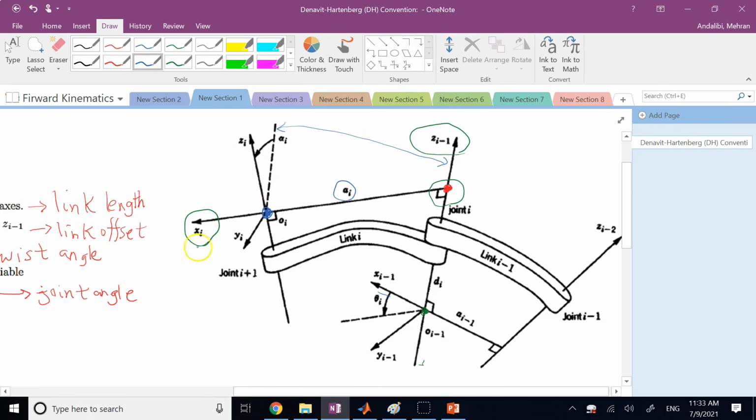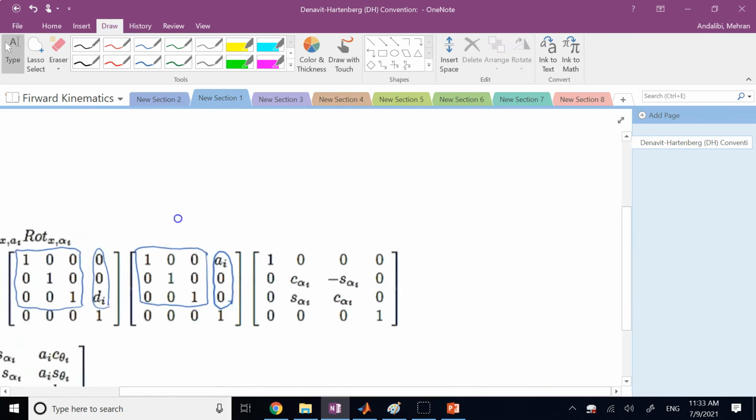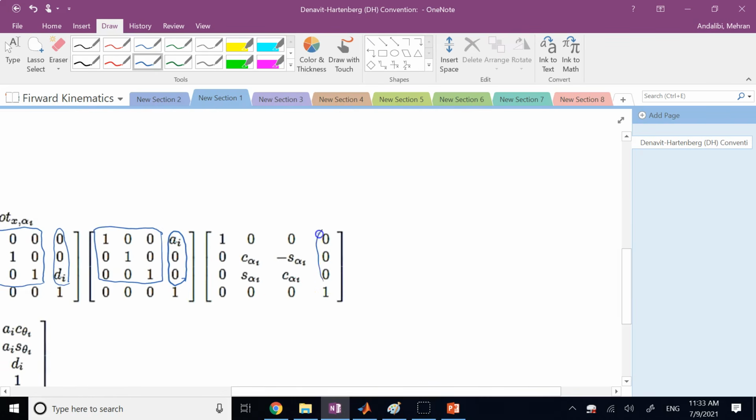And for that, I rotate about the new x-axis with this angle alpha, which we call the twist angle. That will force the z's to be aligned too, and then since the x's are aligned and the z's are aligned, automatically the y's will be aligned as well. So the last rotation is alpha about the x-axis, no translation, and that's what you see here. There is no translation, but there is a rotation about the x-axis with angle alpha.